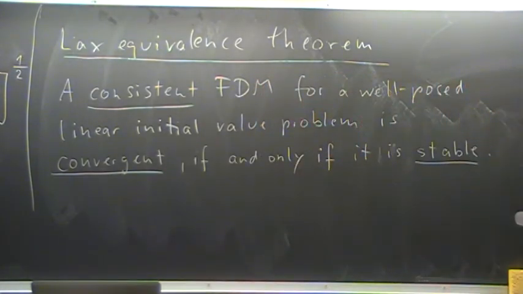For nonlinear we cannot say so much, but for linear we can. It is convergent if and only if it is stable. So that means what we have to do is show that the finite difference method is consistent, and then convergence and stability are equivalent.